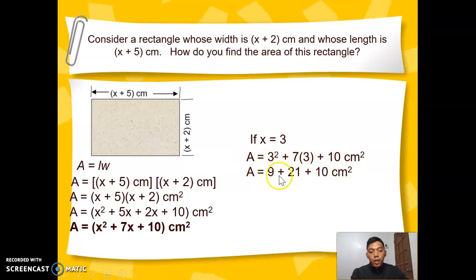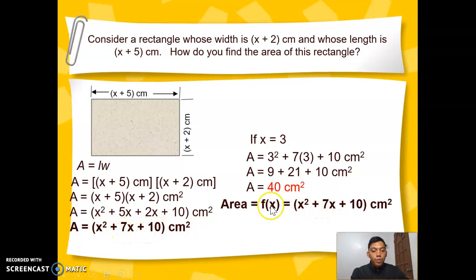The function will be 9 plus 21 plus 10, that's basically 40 square centimeters. So notice that the area of the rectangle is represented by a function A, or f of x, right? Which is x squared plus 7x plus 10.